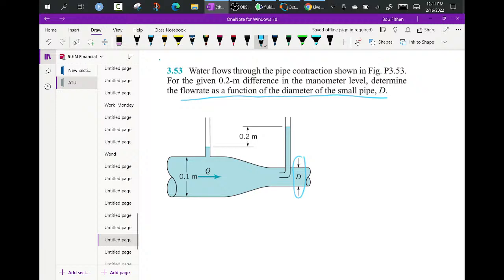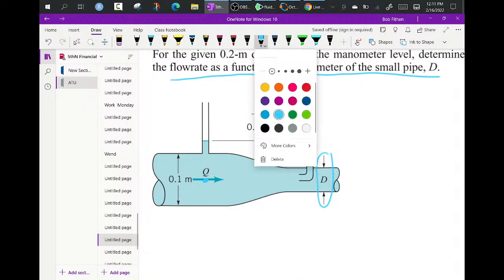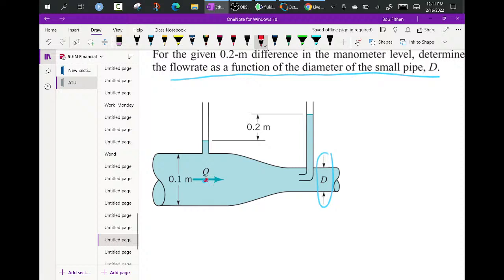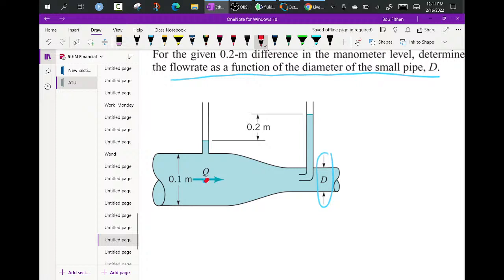In this particular case, we'll start off and do the same thing. We ended up starting with the point here. I'll change to a brighter red here. So we end up with a point here, and we end up with a stagnation point here. So we go from 1 to state 2.